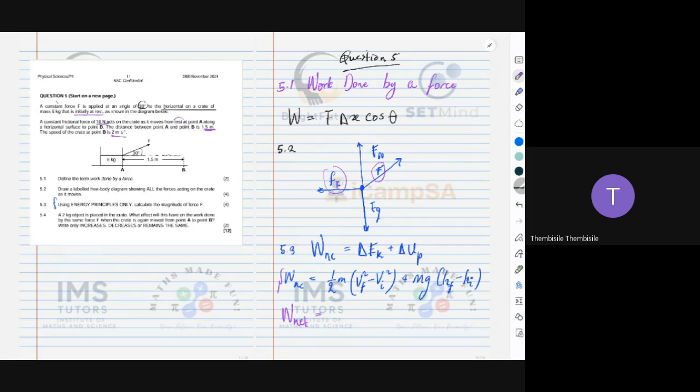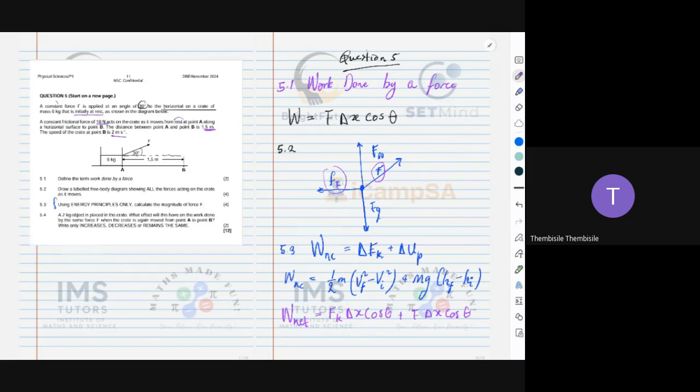Work done by friction, you would have your Fk displacement cos theta plus your F displacement cos theta. These two should be equal. Please refer to the conservation of energy, right? You would also see it there. So this is your non-conservative forces.